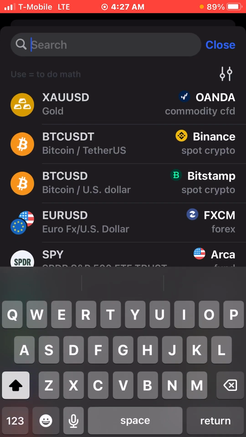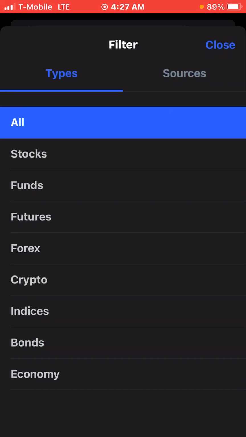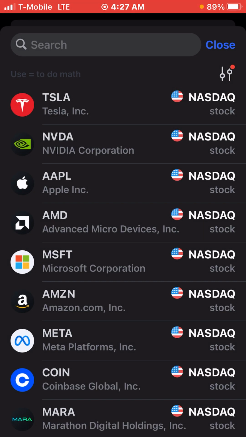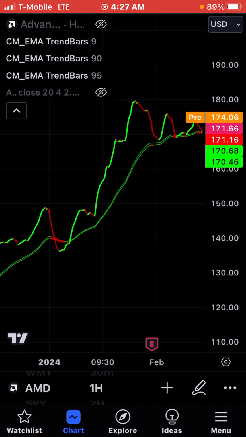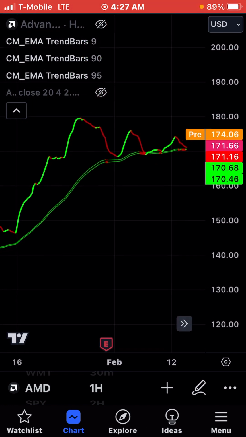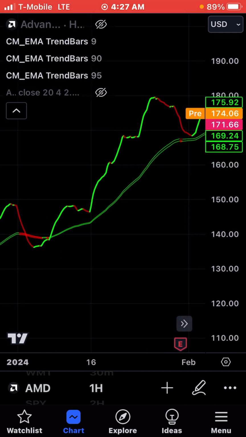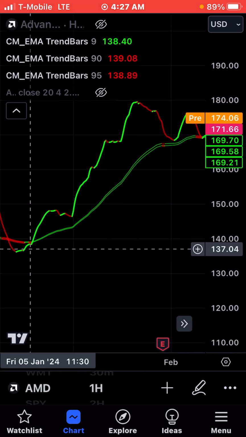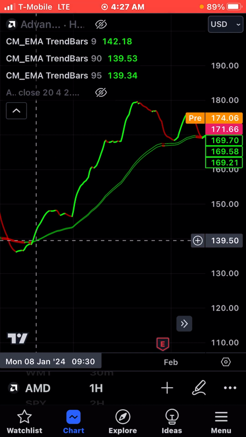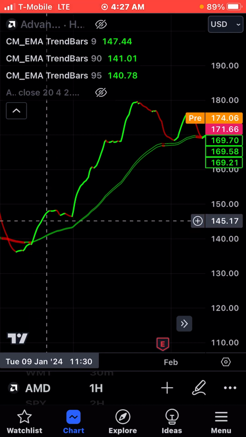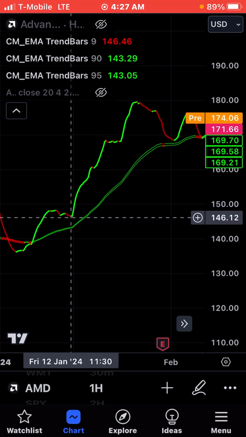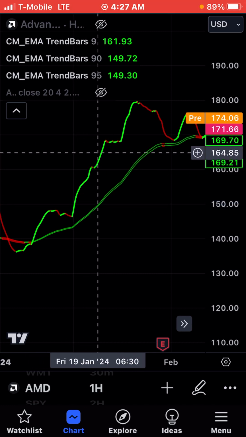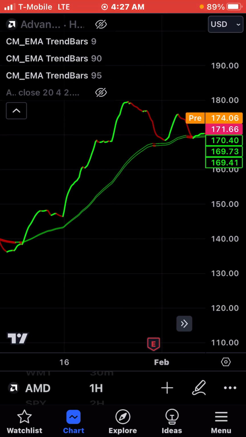But let's look at one more stock here. Let's do AMD. With this strategy, you look for the cross. It's crossed right here, and you could get in this entire moment right here. It hits red, and then you wait for it to come back green again, and you could get in, and all this is profit.